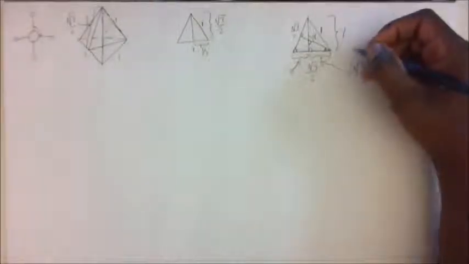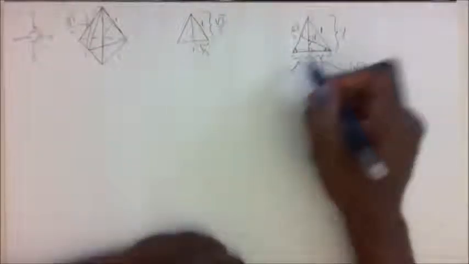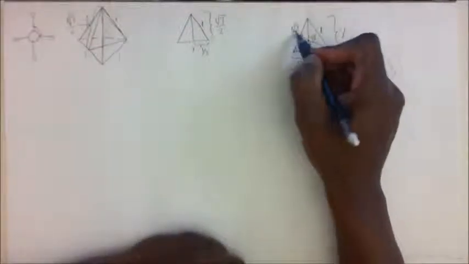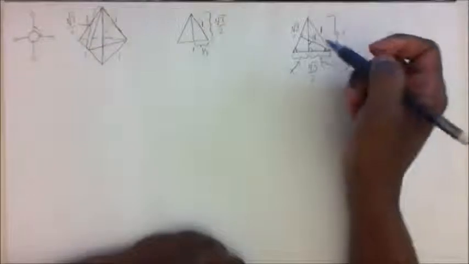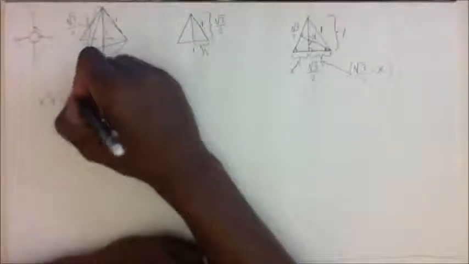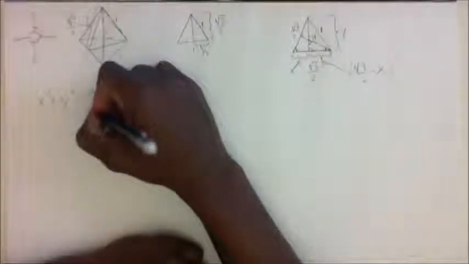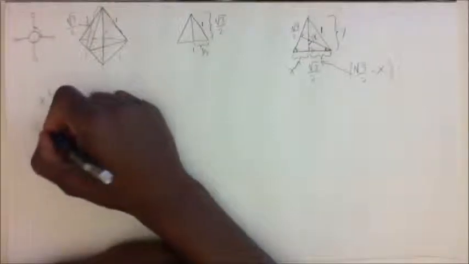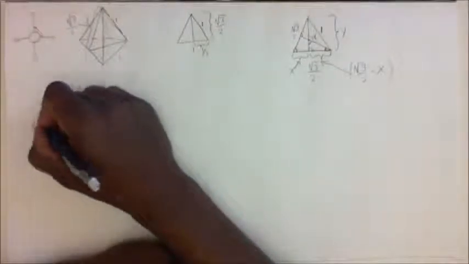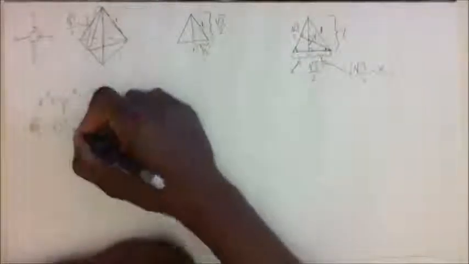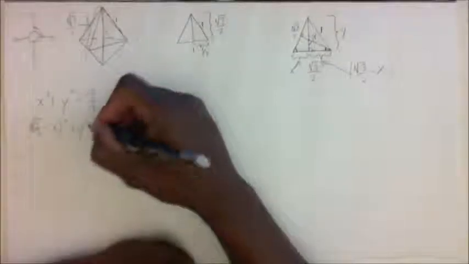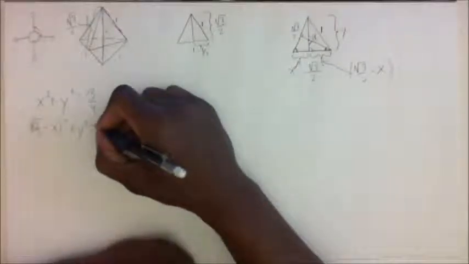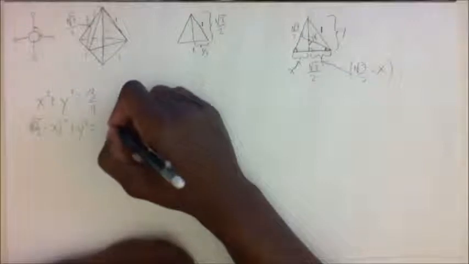Now we can say that x squared plus y squared is equal to the square root of 3 over 2 squared, which we know is 3/4. So x squared plus y squared is equal to 3/4. We can also say that the square root of 3 over 2 minus x, squared, plus y squared is equal to 1.